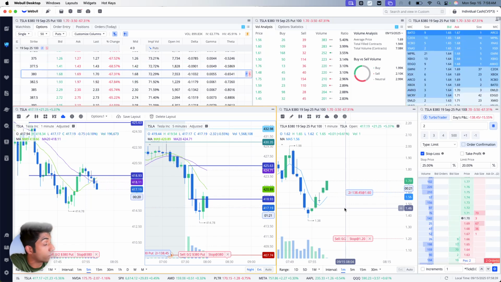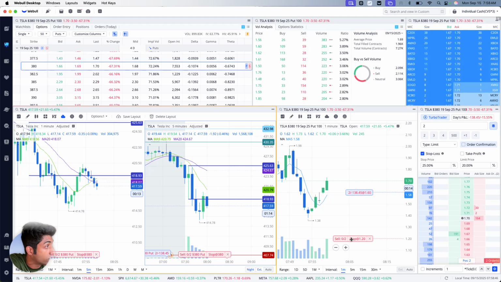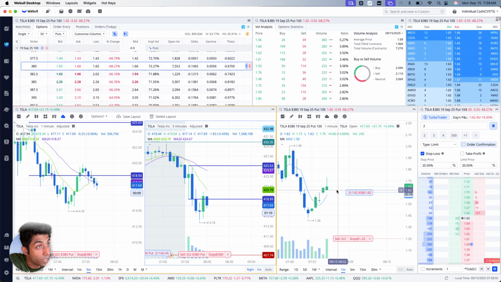I do believe this was the right move. This candle to close in a few seconds.